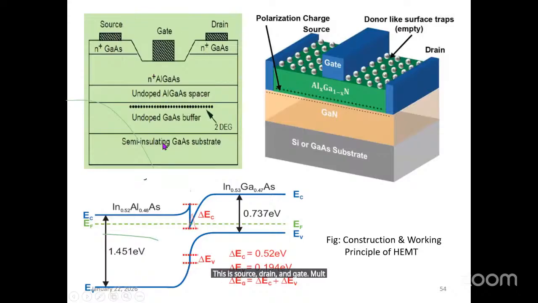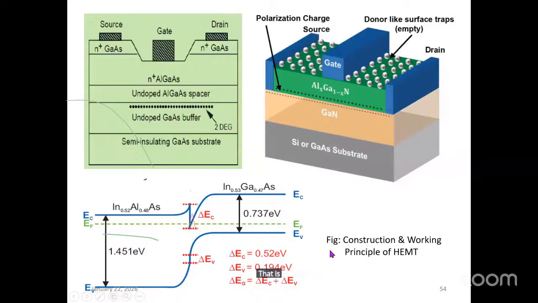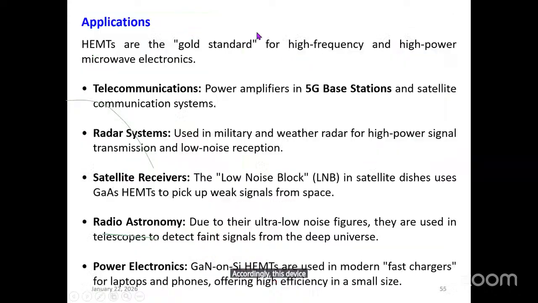Multiple chemical layers are kept in between, and by adjusting the Fermi level, which is the average of the conduction and valence band. If we align the Fermi level from source to drain, the electron can easily penetrate from this side to this side. That is the Fermi level, the typical Fermi-Dirac probability function. Accordingly, this device will switch on and off.